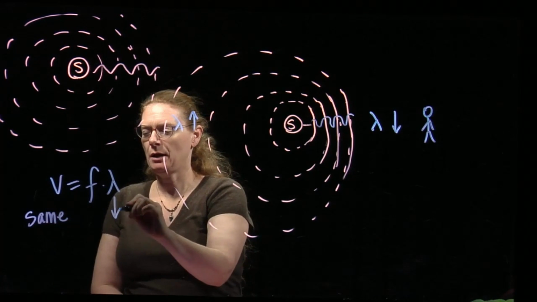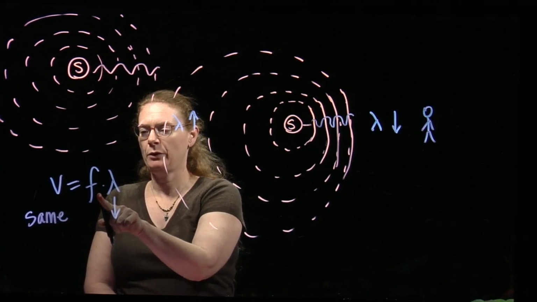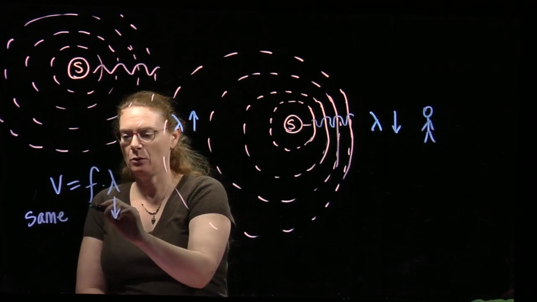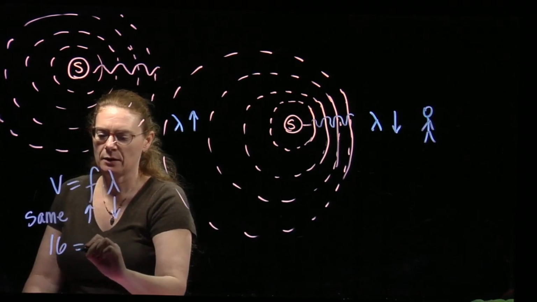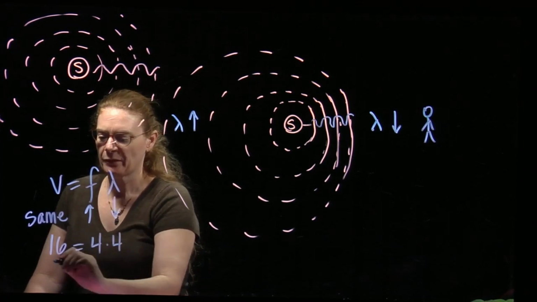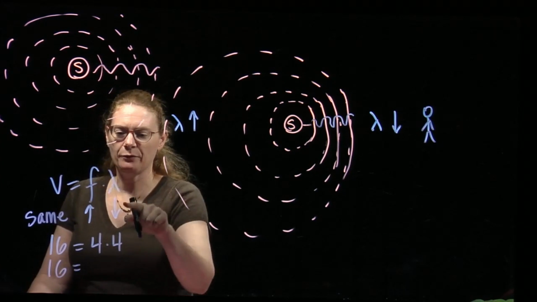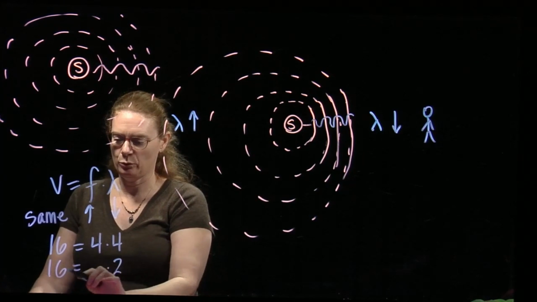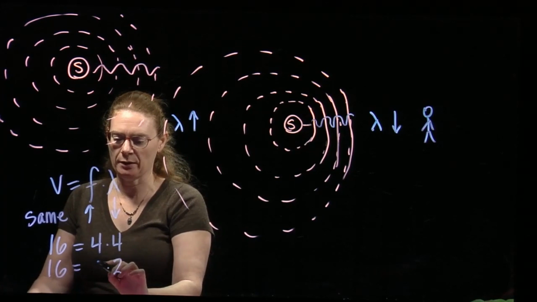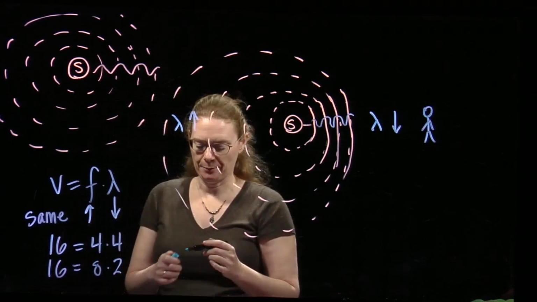So if this goes down, what has to happen to the frequency? The frequency needs to go up. And if you want some numbers, we could do 16 equals 4 times 4. So if the wavelength goes down to 2, what does the frequency have to do? Well, 16 is 2 times what? It's 8. Frequency's got to go up.